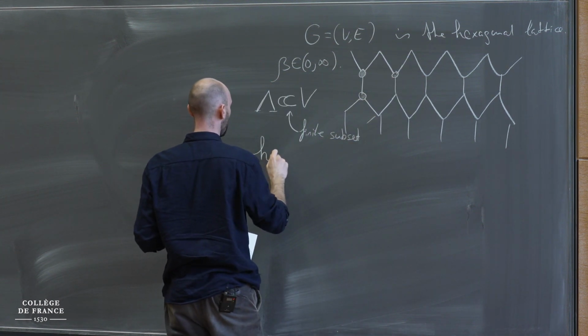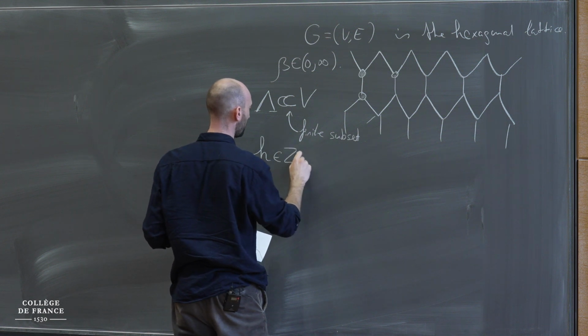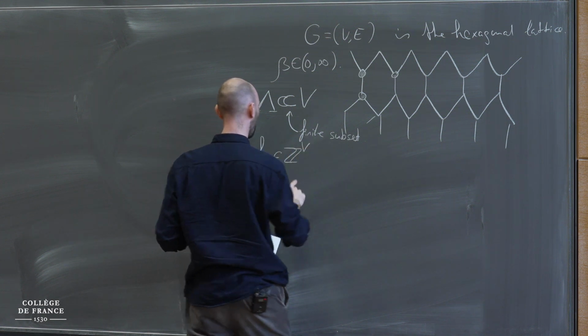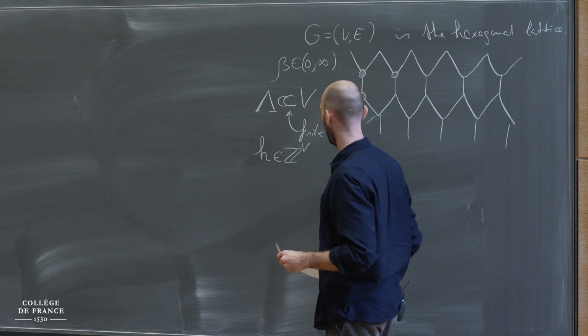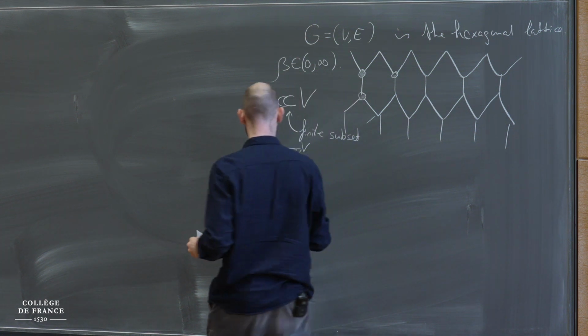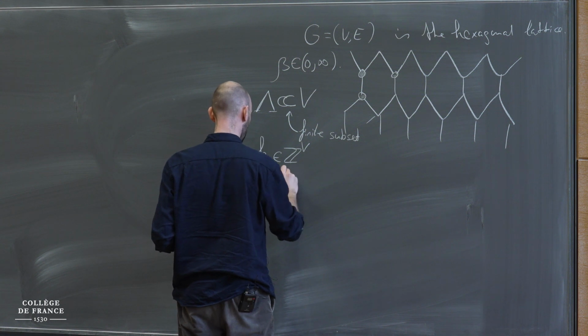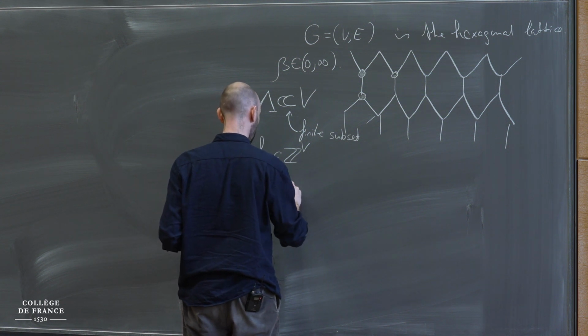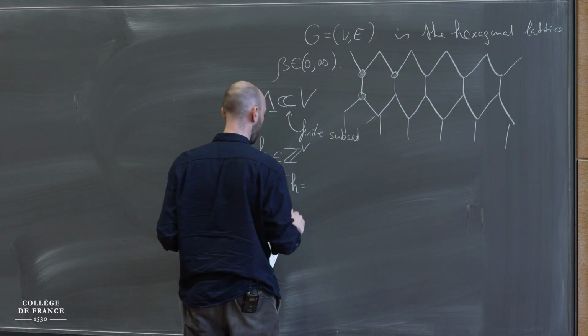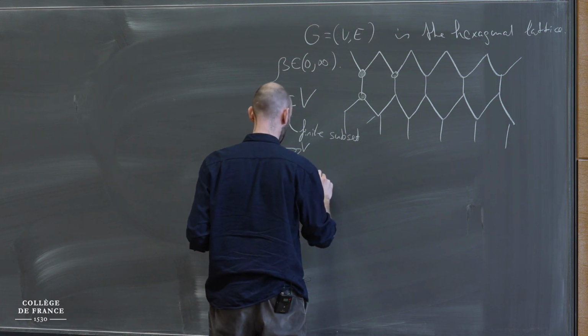So H is going to be a random integer valued function on the vertices, and its law is given by the following rule. So mu in lambda: the probability that H is equal to a certain function zeta.